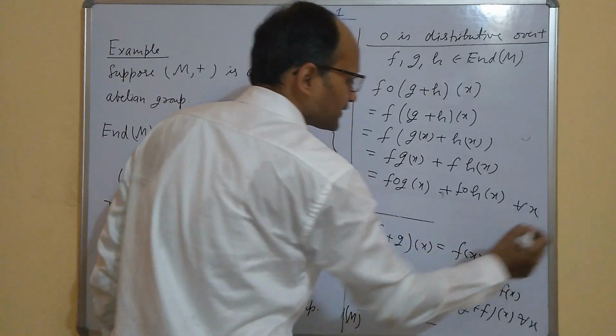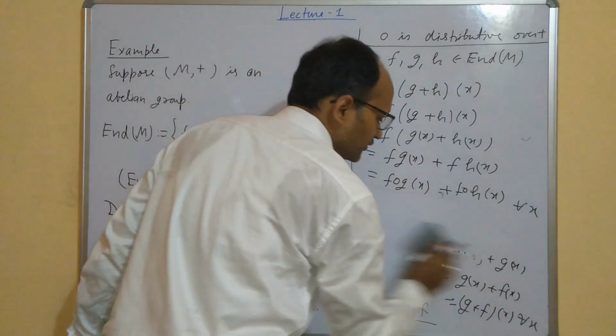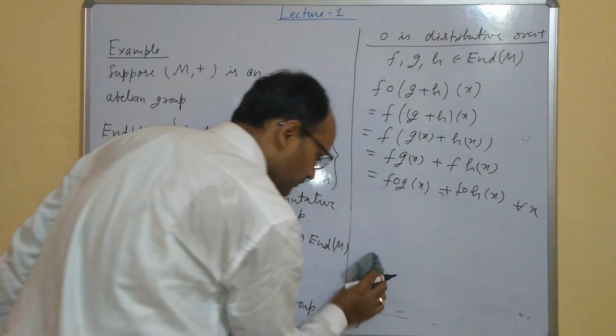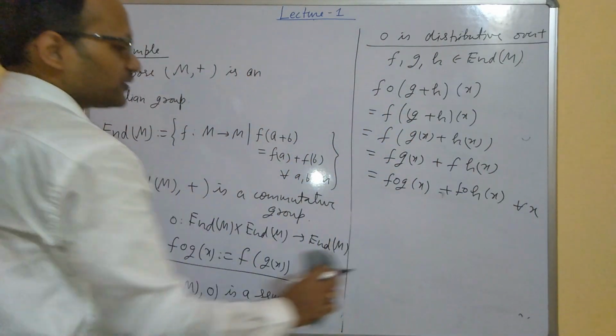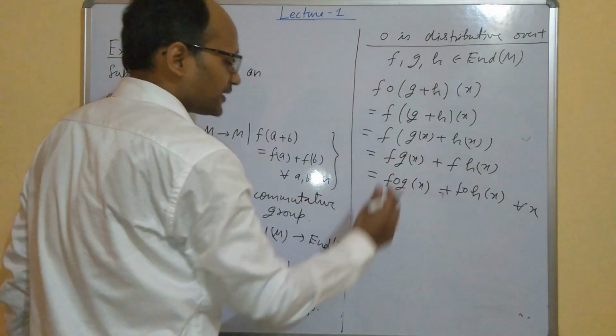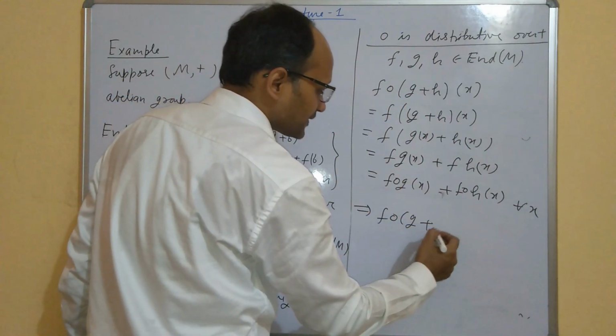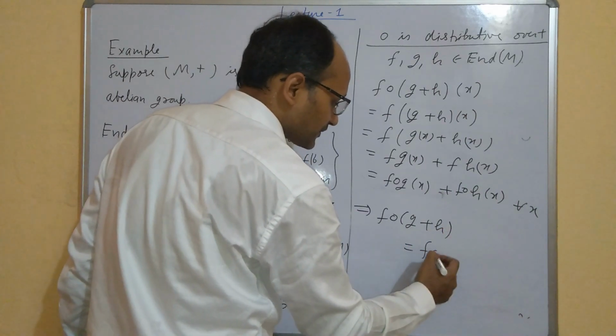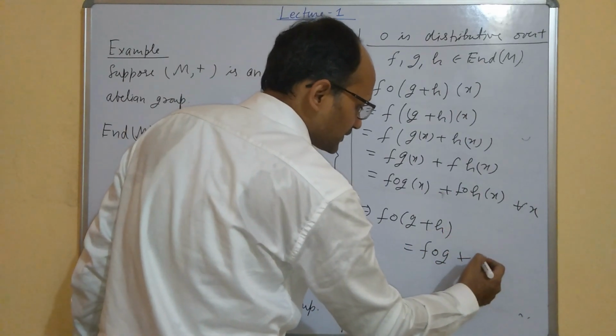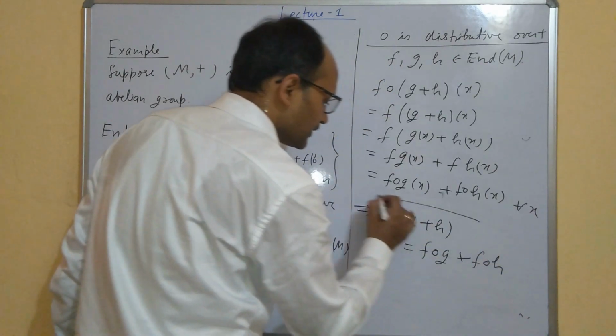This is true for all x. If the values of maps are equal for all x, then it means the maps are equal. So this implies f∘(g plus h) is the same as f∘g plus f∘h.